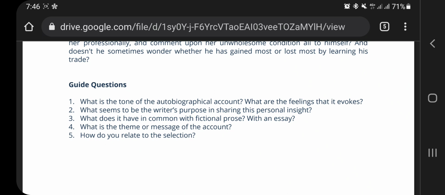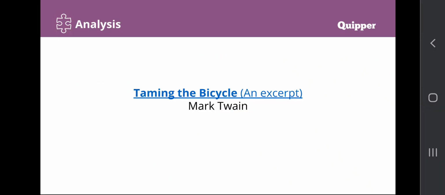Now, after learning about that example, I want you to analyze another excerpt from Mark Twain, Taming the Bicycle. If earlier he was talking to us about how to see a river in two ways or two sides, this time he is talking about taming the bicycle, which is also another interesting excerpt from his autobiography.